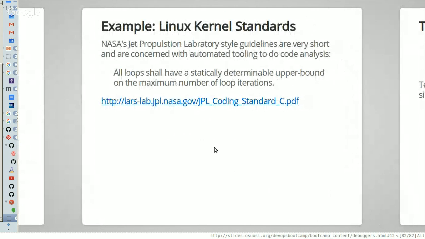Another example is NASA's Jet Propulsion Laboratory. They write a lot of code because they send stuff into space, and they have their own style guide, which more or less dictates, you can read the quote right there: all loops shall have statically determined upper bound on the maximum number of loop iterations. It's very formal, because it's NASA, a government organization.